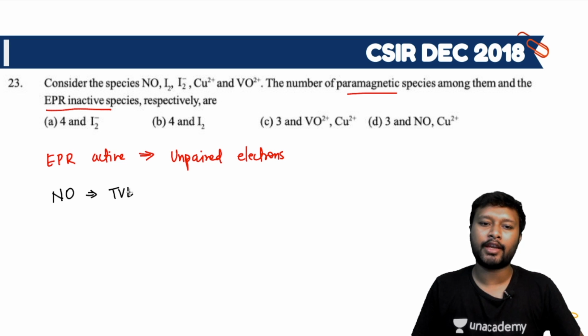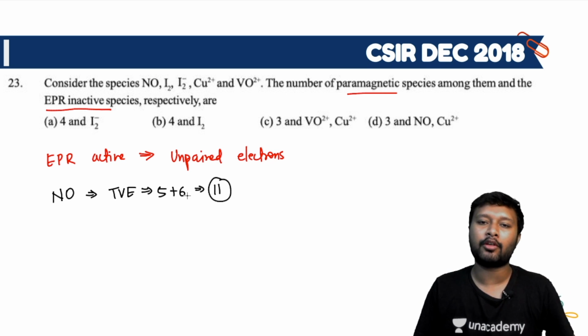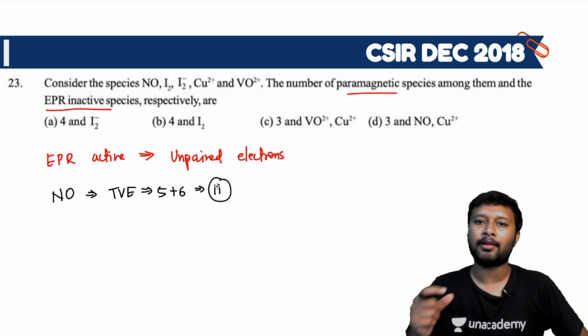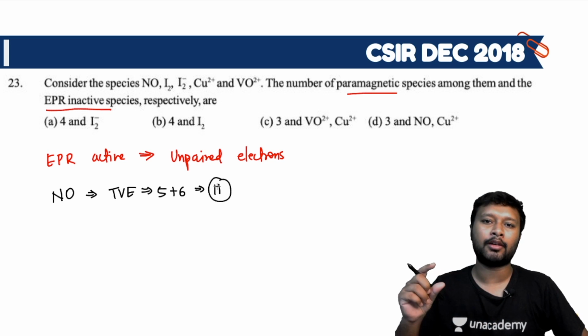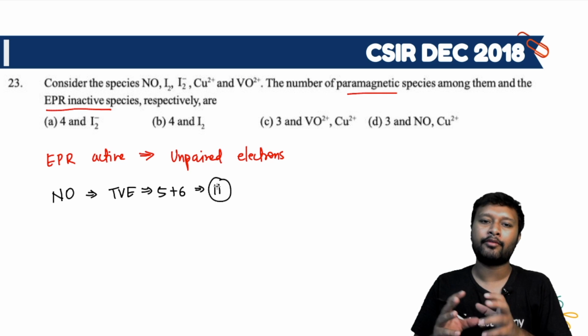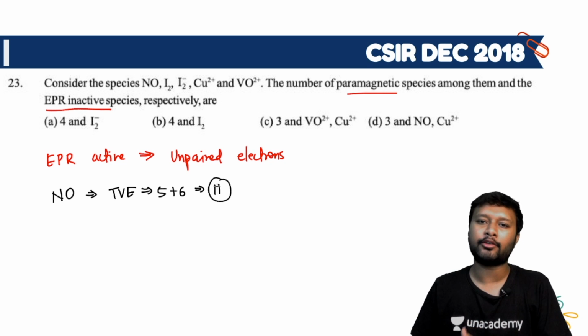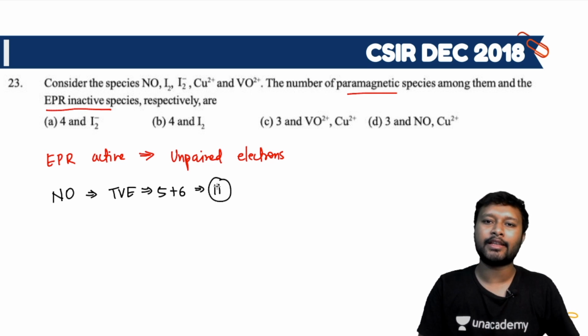So total valence electrons in this case is 5 plus 6, which gives me 11. So it's an odd number of electrons, so obviously one of them is going to become unpaired, and that's why this is going to be paramagnetic. You can also draw the molecular orbital diagram for the diatomic molecules and fill the electrons and see it there also, but this is the easy way to approach it.